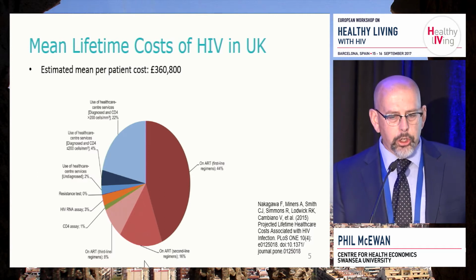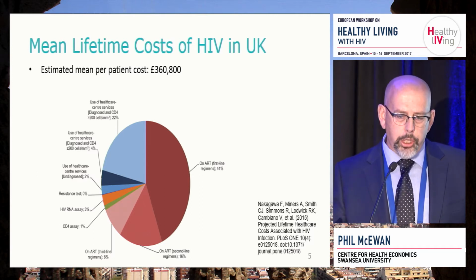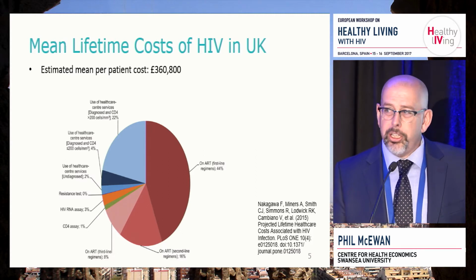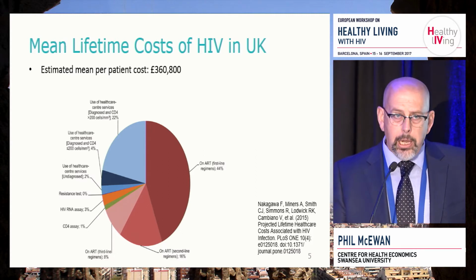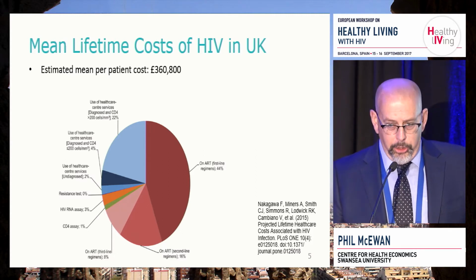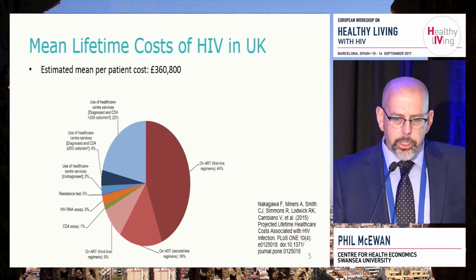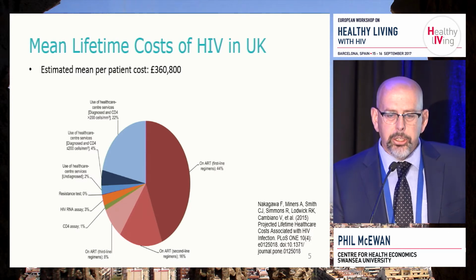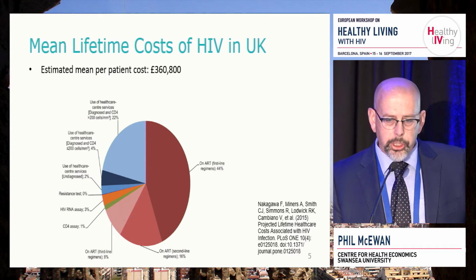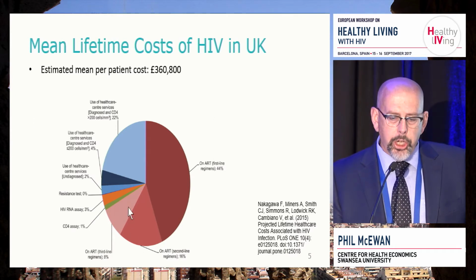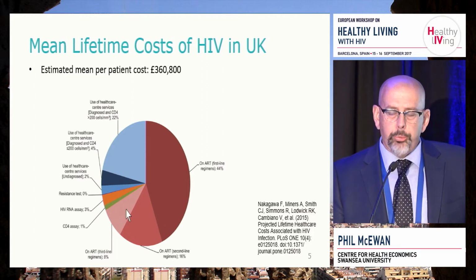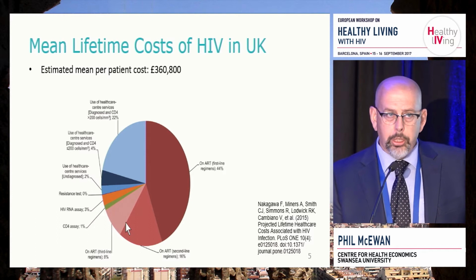Another way of looking at costs is to look at, rather than just what does it cost the health system per year, what does an individual cost over their lifetime as a consequence of their HIV status. And this study estimated that the average cost is around £360,000 over the lifetime of the patient. And you can see on that pie chart there, this area in pink and red illustrates the proportion of that cost that's attributable to antiviral therapy.